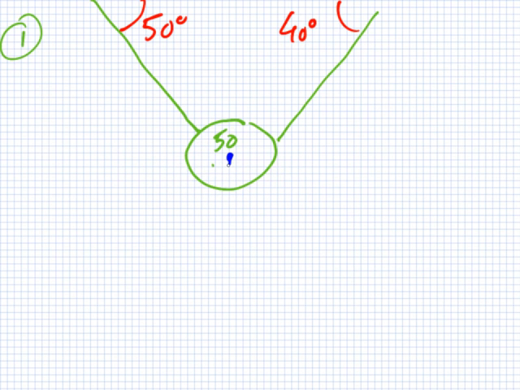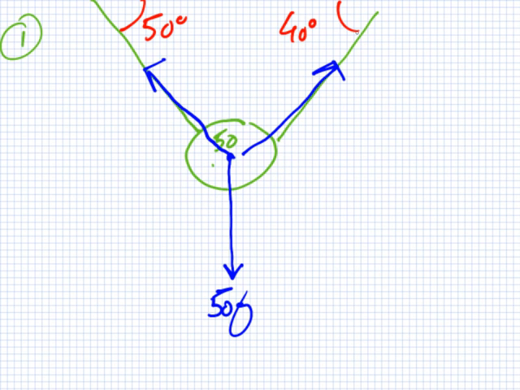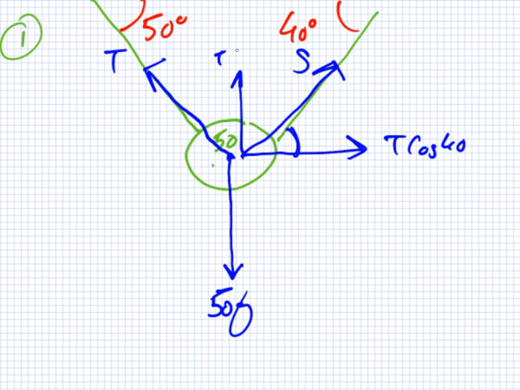So the way I see it is that there are three forces. There's this one going down here, which is 50g, but these must also go towards the middle. So you could draw the force like this, which is one way, and like this, which is the other way. So if that's 40, this here is 40. If I call this one T and this one S, this is T cos 40. This is T sine 40. No, it's not.